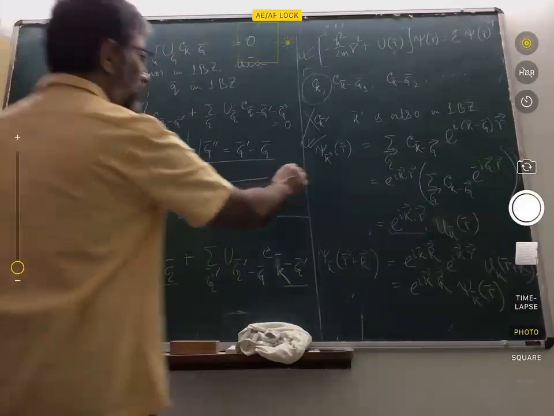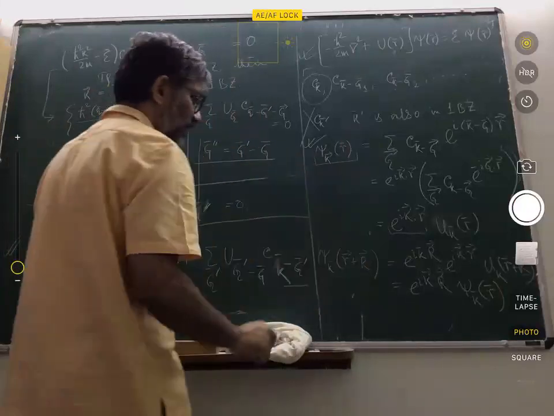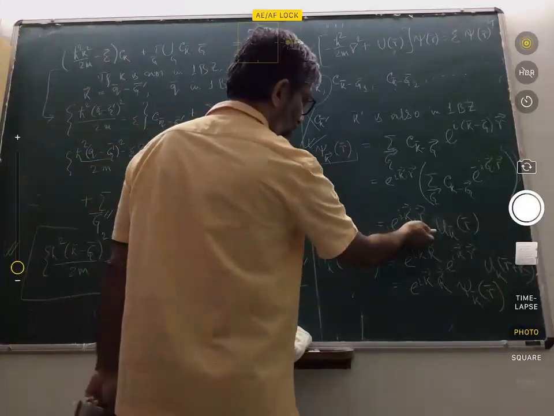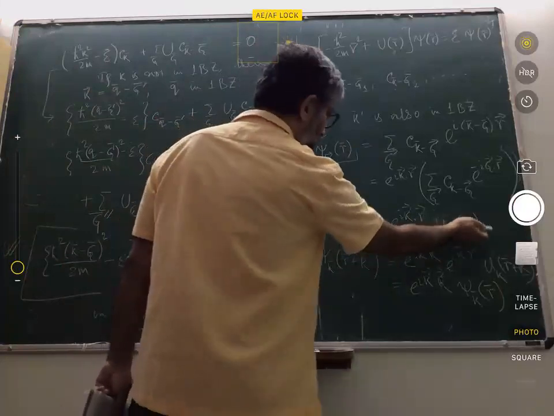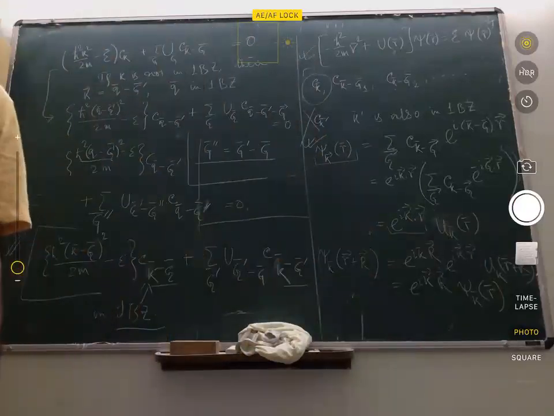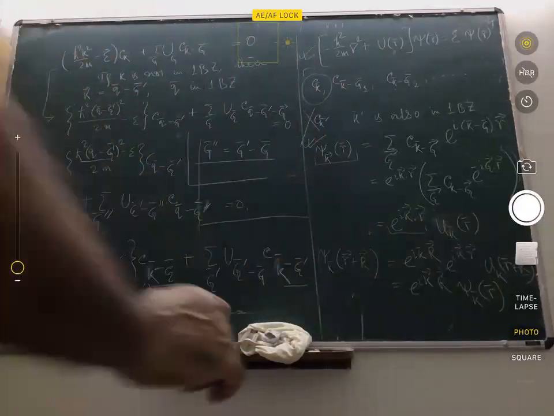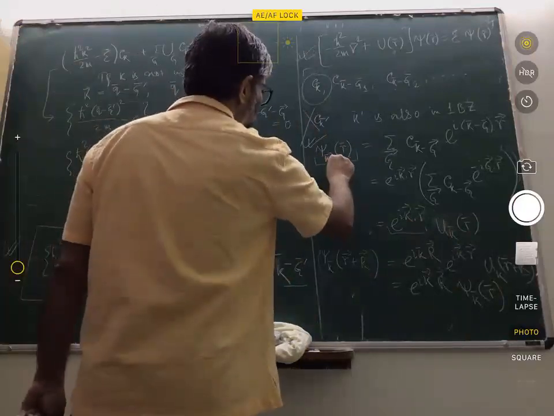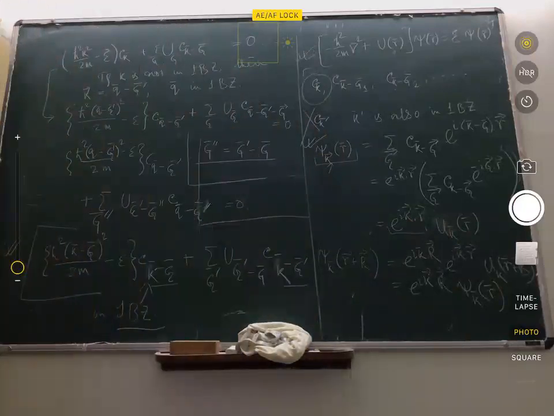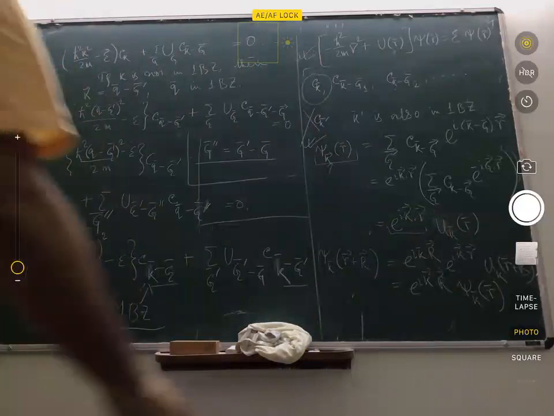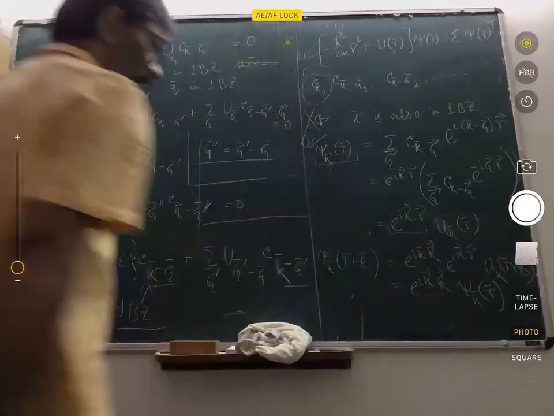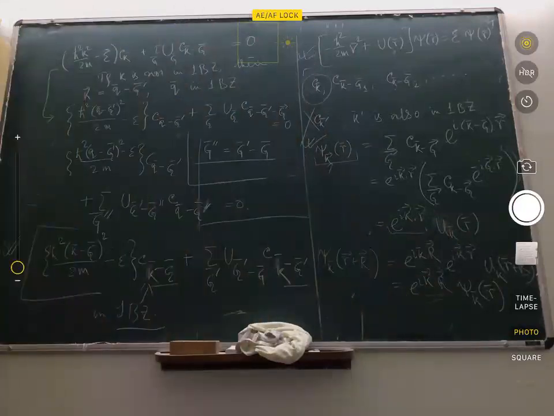So the general form of these electronic states is some e to the i k dot r times a function which is periodic with the lattice periodicity. But this whole thing is not lattice periodic. It picks up a phase like this when we translate it. Okay. Any questions?